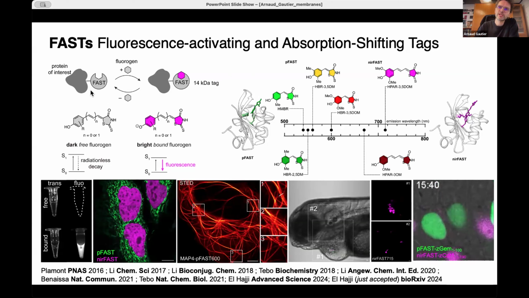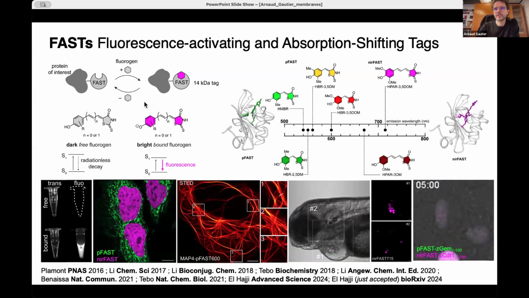And this protein tag can bind and stabilize the fluorescent state of a fluorogenic chromophore. Basically, these chromophores are non-fluorescent when they are free in solution. They are only fluorescent when they are bound to the FAST tag. So this allows a really high contrast even in the presence of the fluorogenic chromophore, and allows us to obtain this kind of image just by addition of the small molecule.